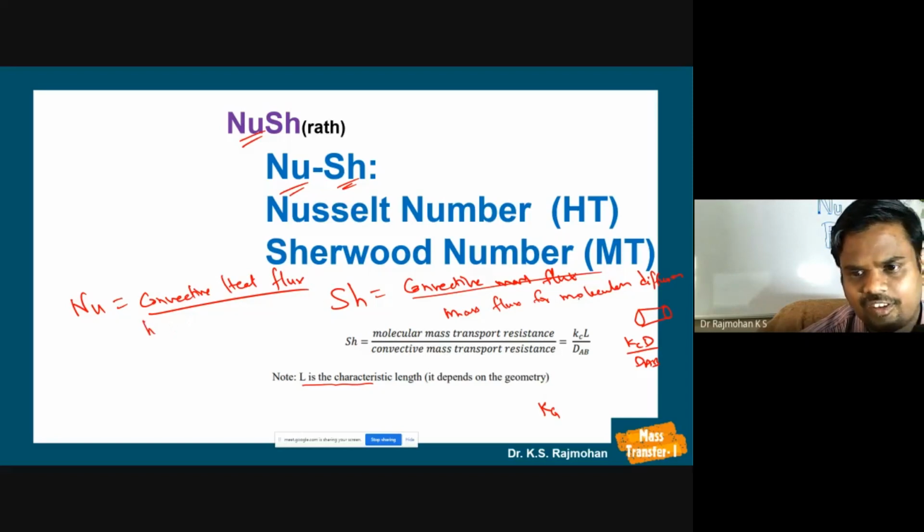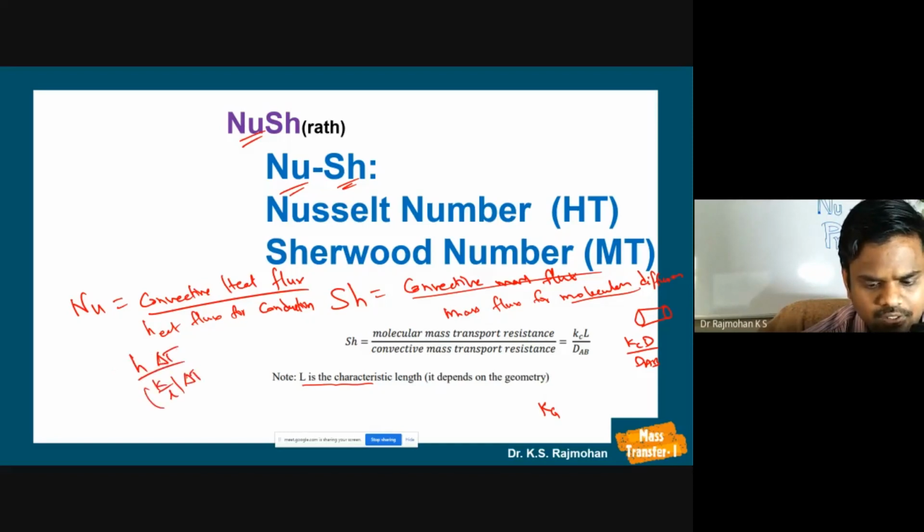Whenever we say molecular diffusion in mass transfer, the equivalent term is conduction here. It is given by h delta T divided by k delta T by L. So simply you will get hL by k.